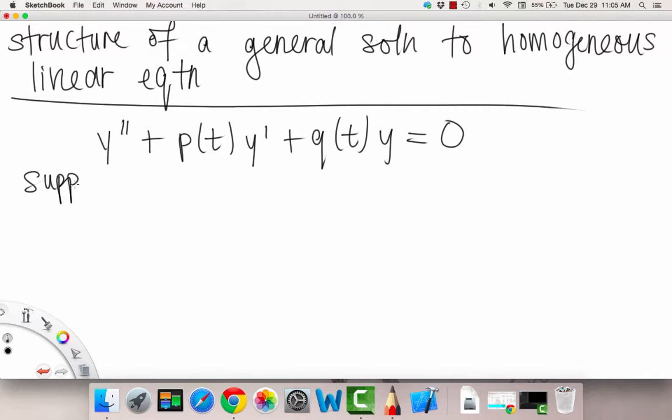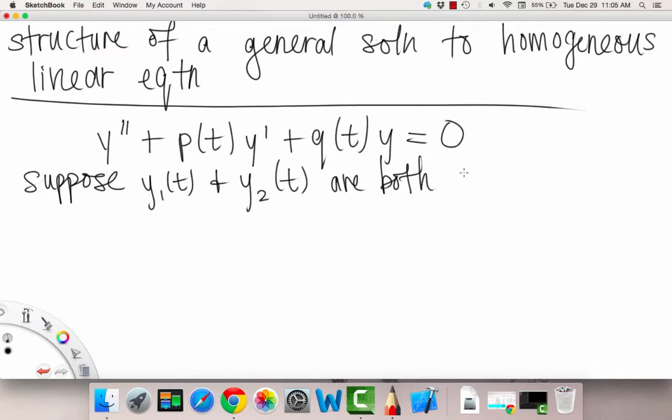Now we're going to do some supposing. Suppose y sub 1, which is a function of t, and y sub 2, which is another function of t, are both solutions to this homogeneous equation.